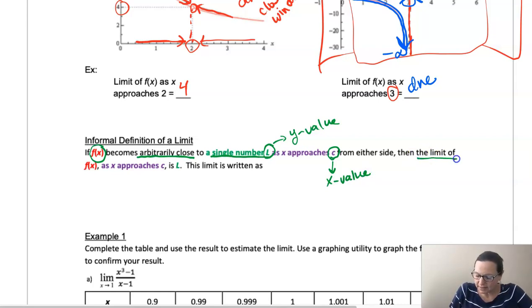Then the limit of f of x as x approaches c is L. So that's what we talked about earlier, but put into a definition form.